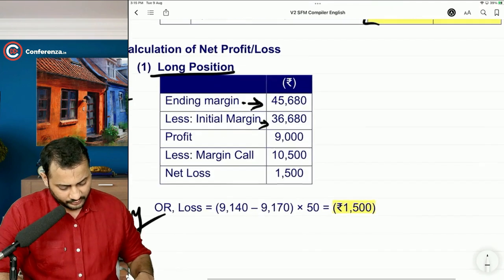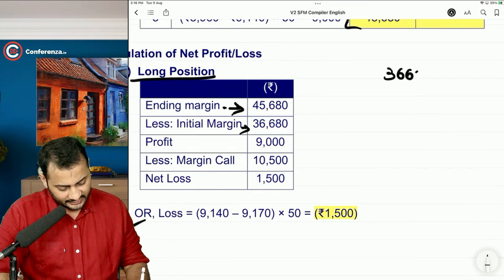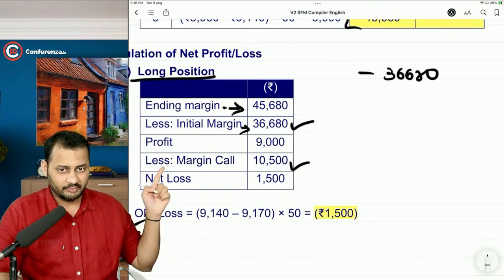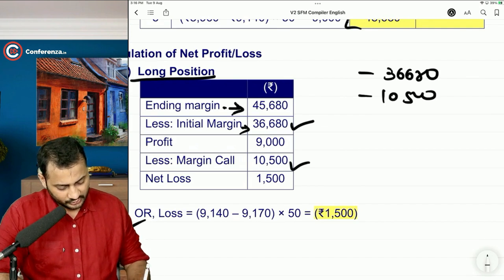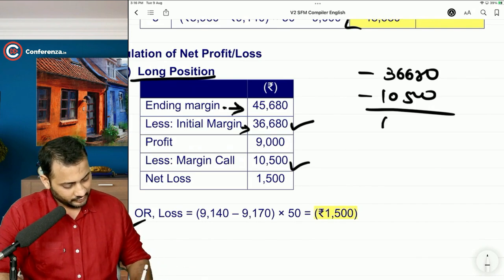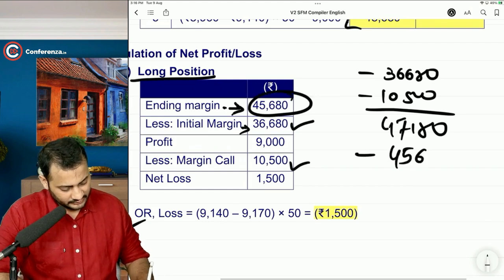See, from the long position point of view, you paid the initial margin of 36,680. That was an outflow first, and then you again paid a margin call of 10,500. So in total your investment was 47,180 and you received back 45,680.